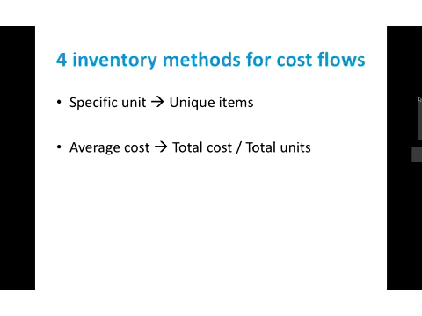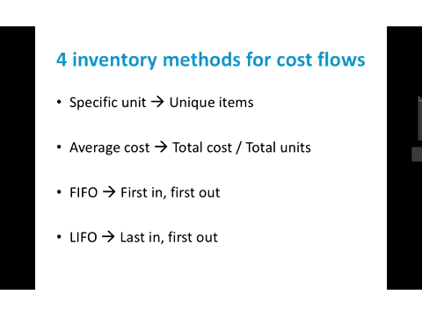Okay, so specific unit for unique items. Average cost is we take our total cost, divide by our total items. FIFO, first in, first out. That means we're selling our oldest units first. And LIFO is our last units in, our most recent units are sold first. So these are cost flows. Now, types of products that mimic this flow.